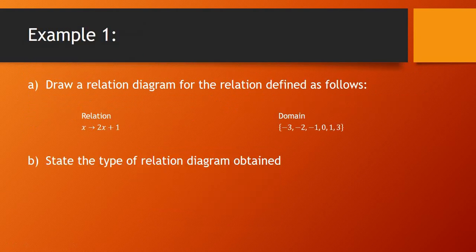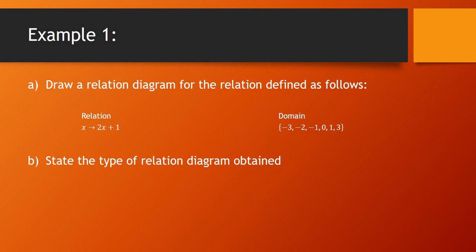In order to test your understanding of this concept, here I have an example that I want you to try. At this moment, you're going to pause the video and complete this example. It says, draw a relation diagram for the relation defined as follows.